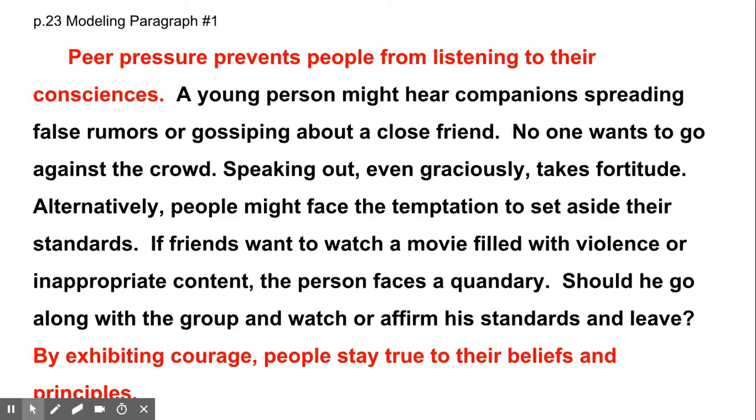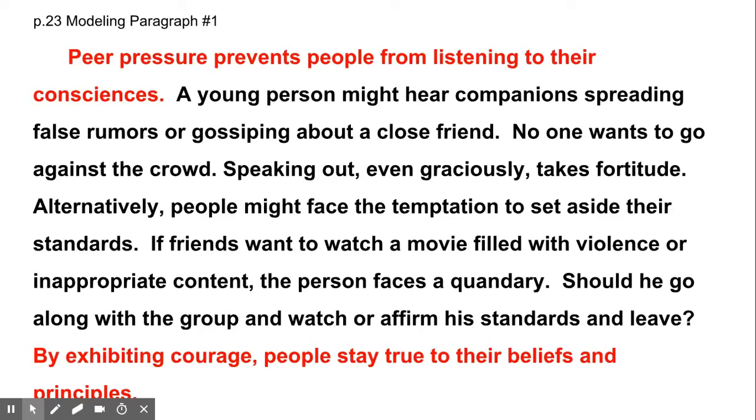Modeling paragraph number 1, on your page 23, has this paragraph. I'm going to let you turn to that page and look at it. You can see that I have highlighted in red the topic sentence and the clincher.